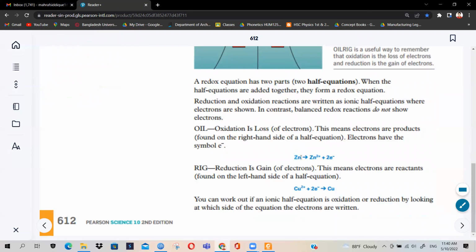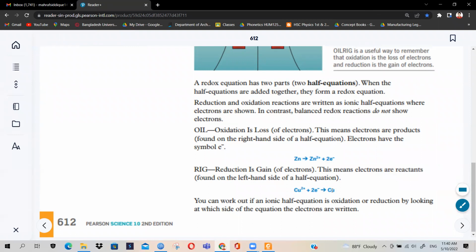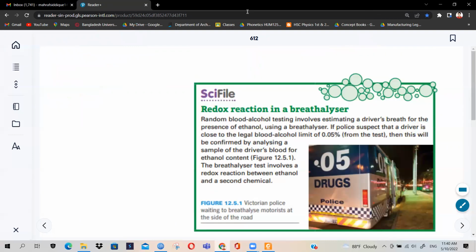Okay. So now they have shown you some examples. Let me get with the example of that. So copper sulfate plus zinc, a very easy and common oxidation reduction reaction. We'll get zinc sulfate plus copper.